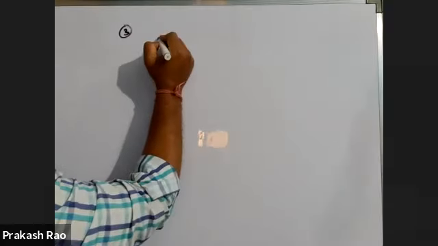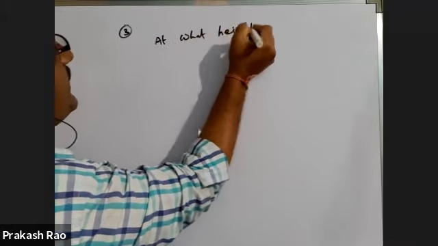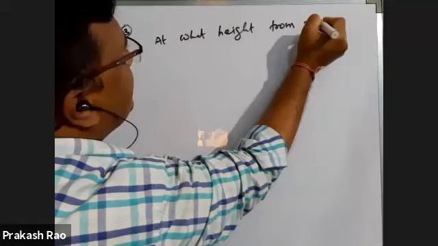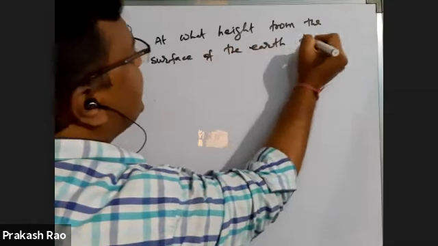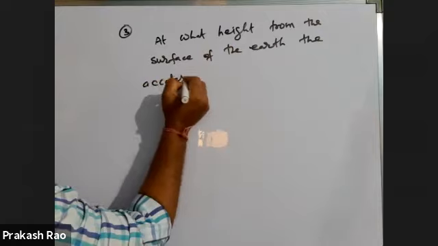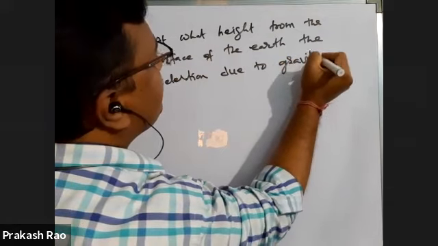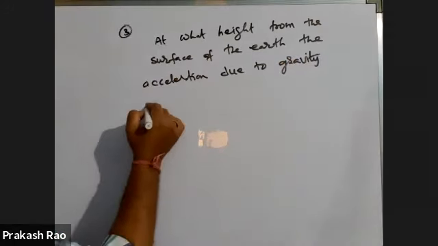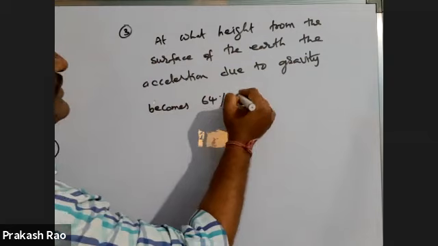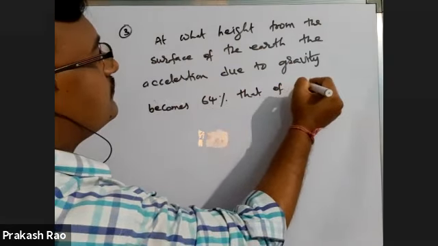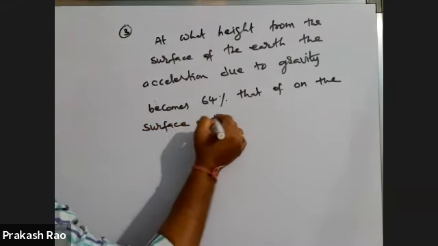The question is, at what height from the surface of the earth the acceleration due to gravity becomes 64% that of on the surface of the earth? This is my question, my dear students.